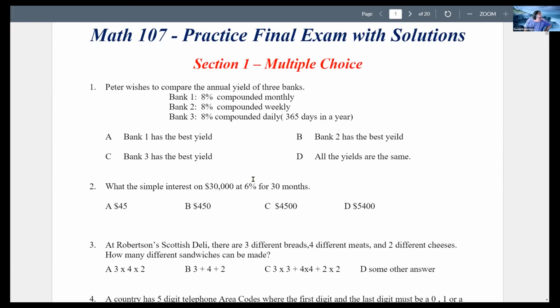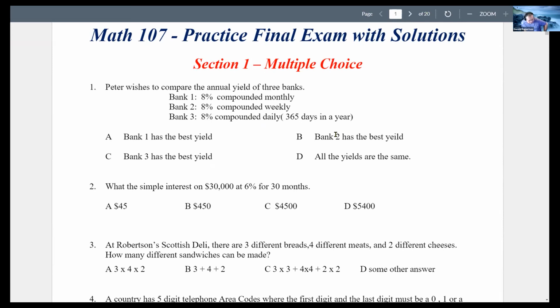So here is an example of the types of questions that I like to use in multiple choice. Now, this guy, Peter, has 3 banks, and he can do compounded monthly, compounded weekly, or compounded daily. One of these is the best one, right? If you wanted to put your money in the bank, you would choose one of these banks over the other 2.